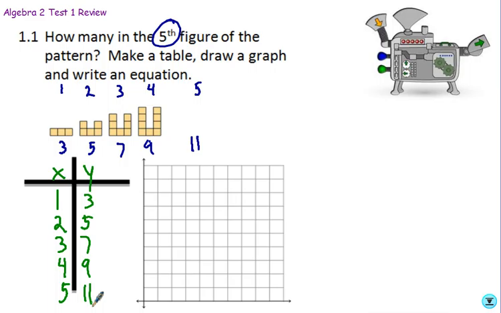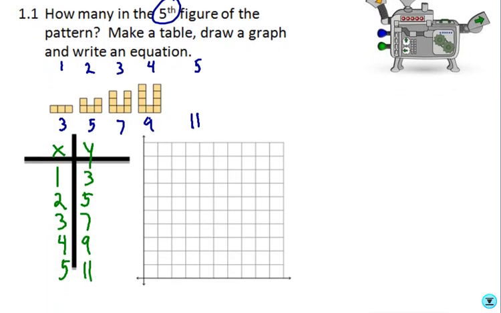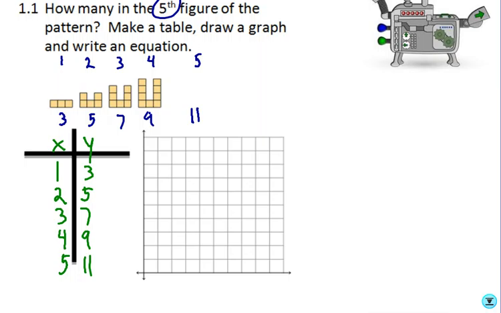So let me scroll down here a little bit, there we go. Along the bottom here, I've got 1, 2, 3, 4, 5, and then this one, I start at 3, so 1, 2, 3, and then it looks like it's jumping by 2 each time, so we could say 5, 7, 9, and then the graph kind of goes off the chart here a little bit, so we'll just use our imagination. 11 would be a little bit above that line.